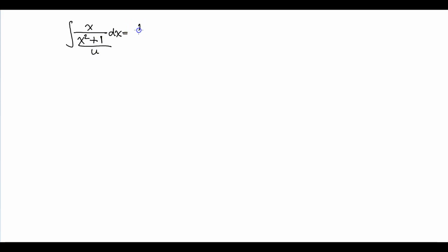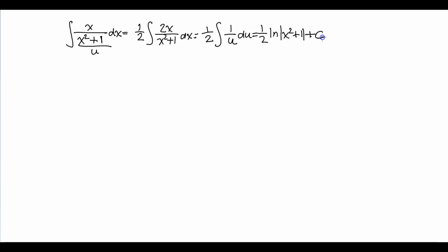So we just need to introduce a 2 by multiplying by 1/2. And this is equal to 1/2 times 1 over u du. And this equals 1/2 times the ln of x squared plus 1 plus c. Okay, simple.